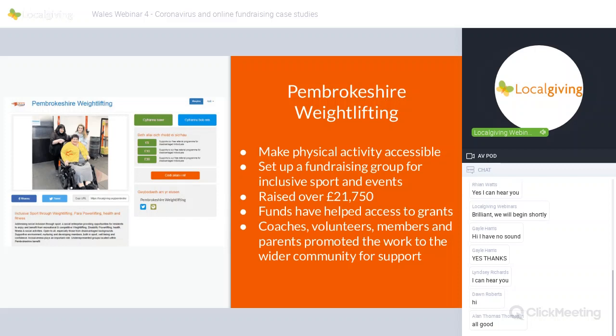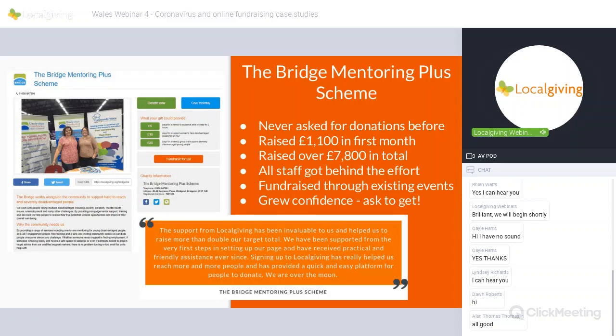Through working closely with their grants fundraising, their online fundraising has really helped them to access additional income pots there as well. I also really like how they promote their work. They very much encourage coaches, volunteers, members, parents to all promote the work to really reach the wider community as well. So I just wanted to include that example to show how grants can also work alongside your online fundraising.